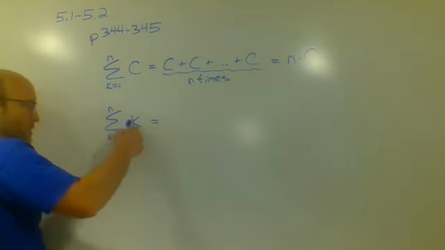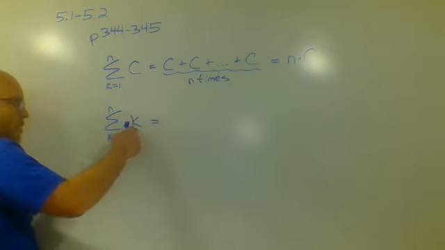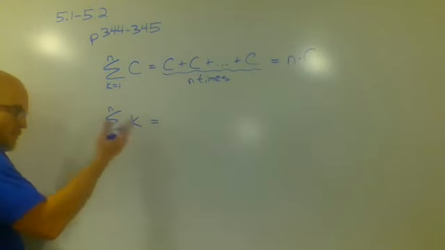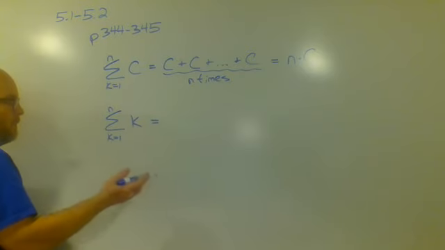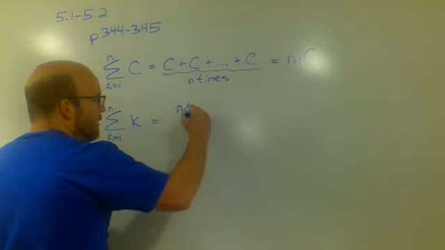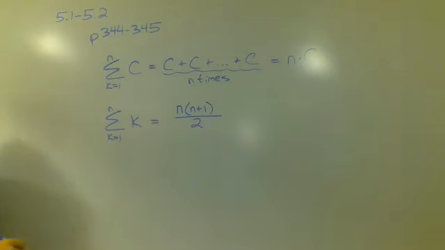The variable matches the k that's down here. That means that the k is changing. We're putting numbers in for k. The only thing we're going to have left at the end is an n, because that's the only thing that's the actual difference between the different examples you would run into. So this ends up being n times n plus 1, all divided by 2.